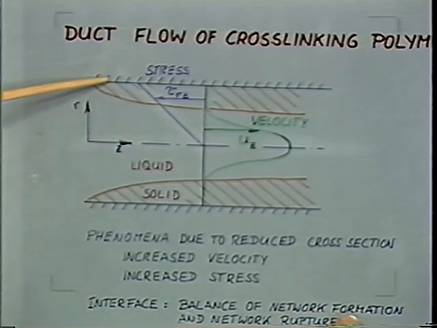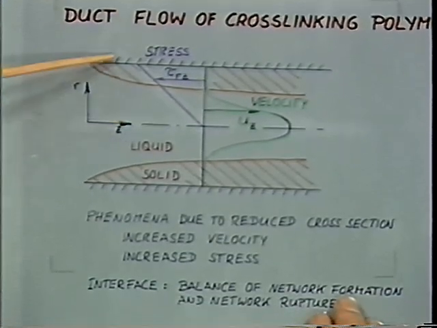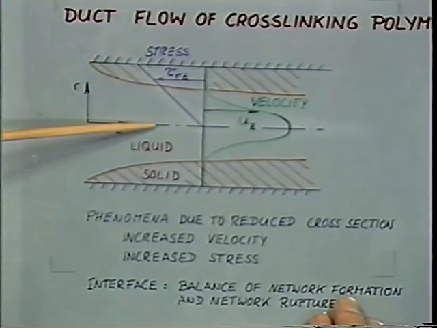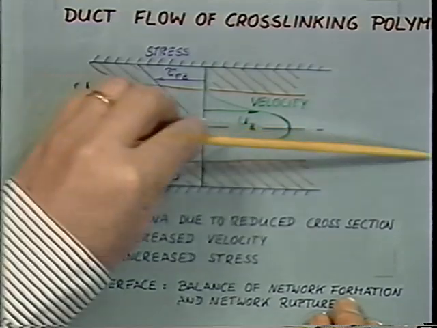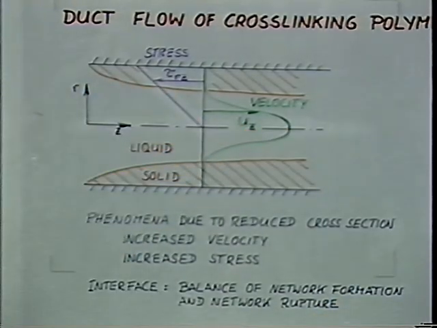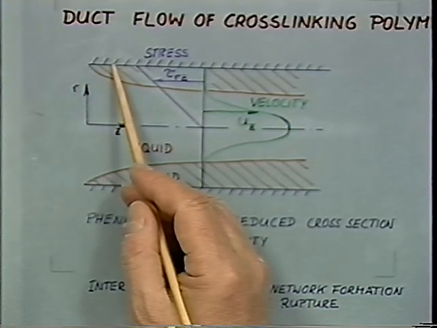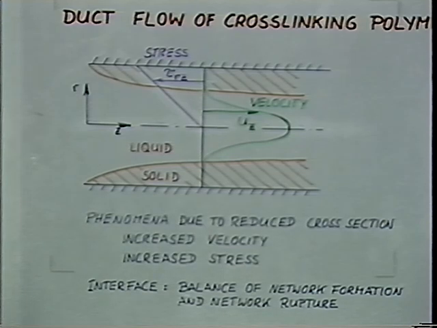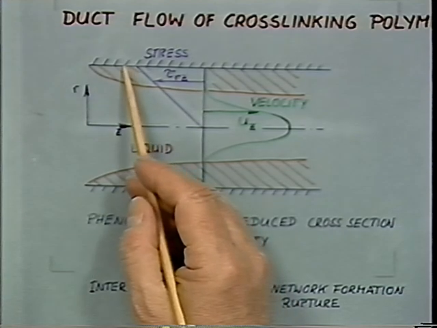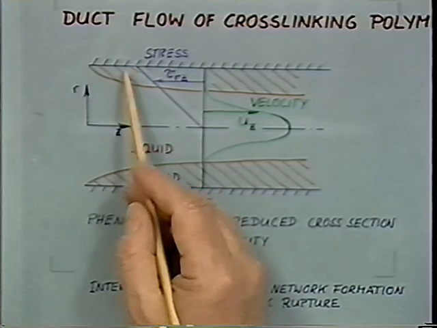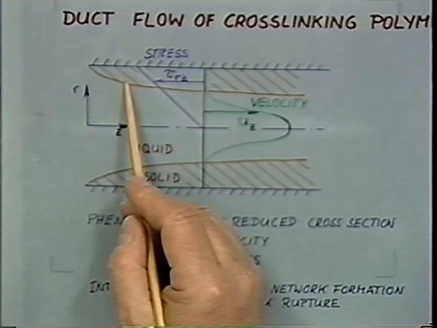You have a velocity distribution, 0 velocity at the outer edge near the wall, and maximum velocity in the center. Now, the residence time is very short in the center because the velocity is so high. But near the wall, the residence time is infinite. So the material has a long time to crosslink, and it will crosslink beyond the gel point, so it will build up a solid layer near the wall.